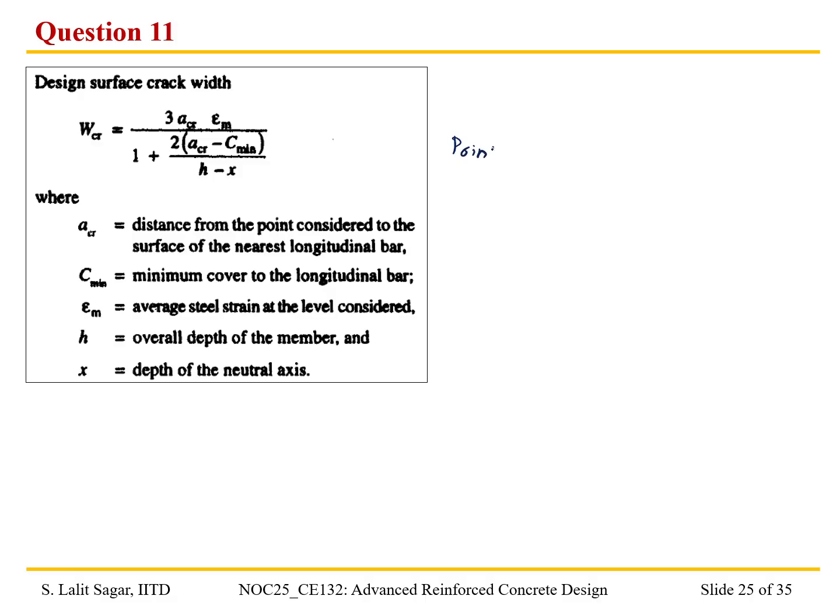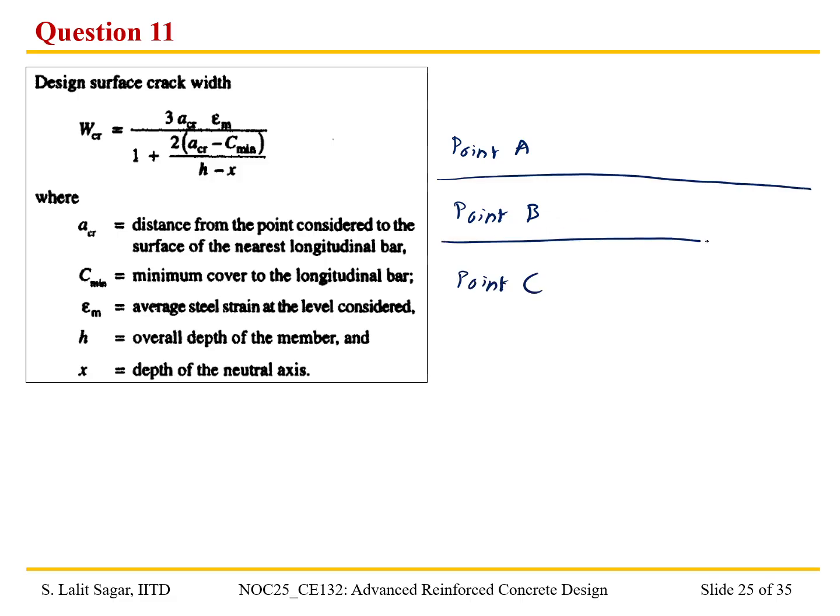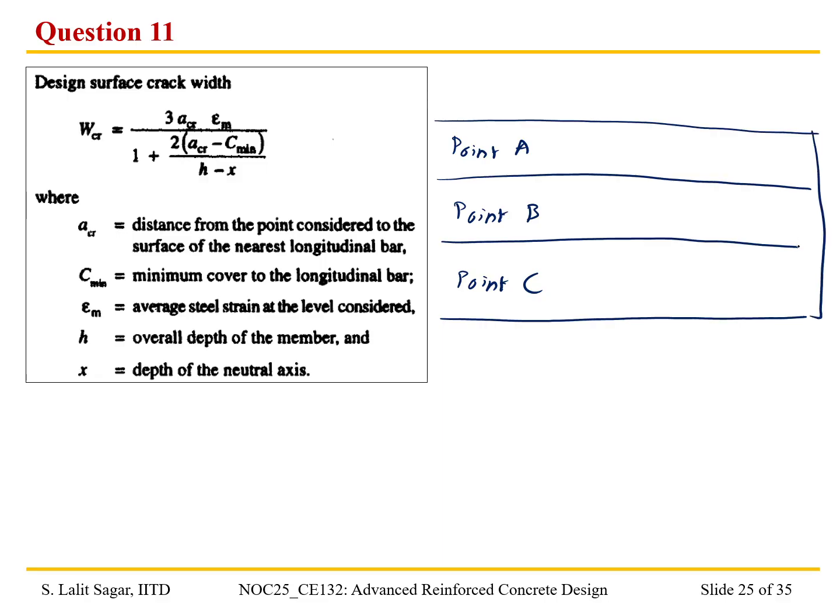So let me write down the values here. Okay, so we have point A, point B, and point C, right? And I'm going to write down the different variables so that we can calculate the different values over here. I think that will be an effective way of representing all the data.